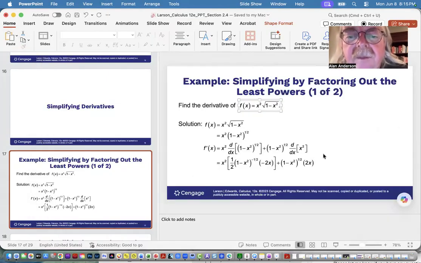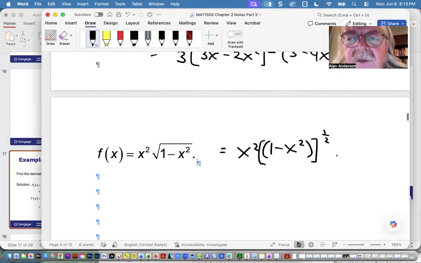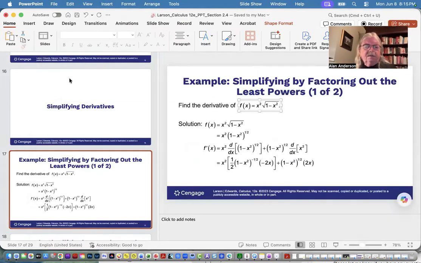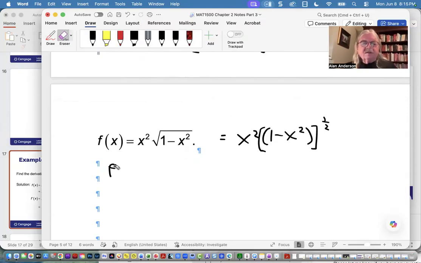Now, we are about to apply the product rule, and let's just remind ourselves how that works.